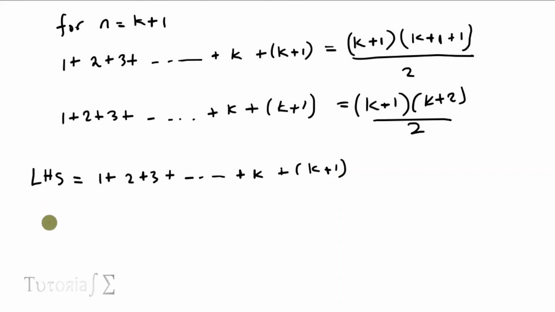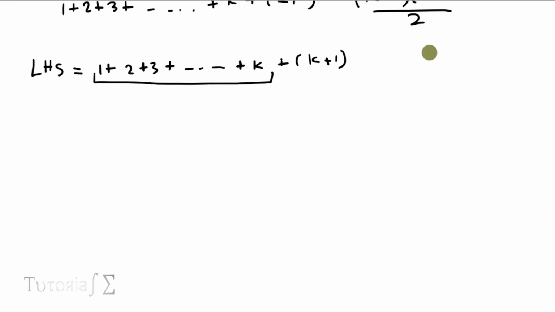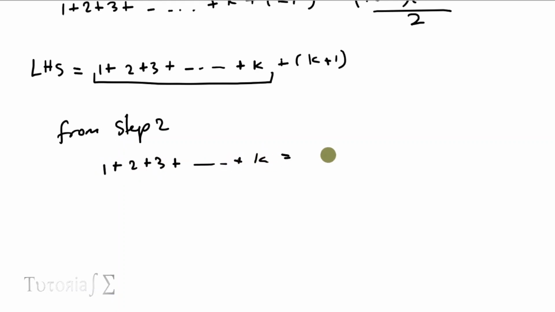Then you see that up to here, from step 2, we see that it has some variable. So from step 2, 1 plus 2 plus 3 plus all the way to plus k is equal to k open brackets k plus 1 over 2.